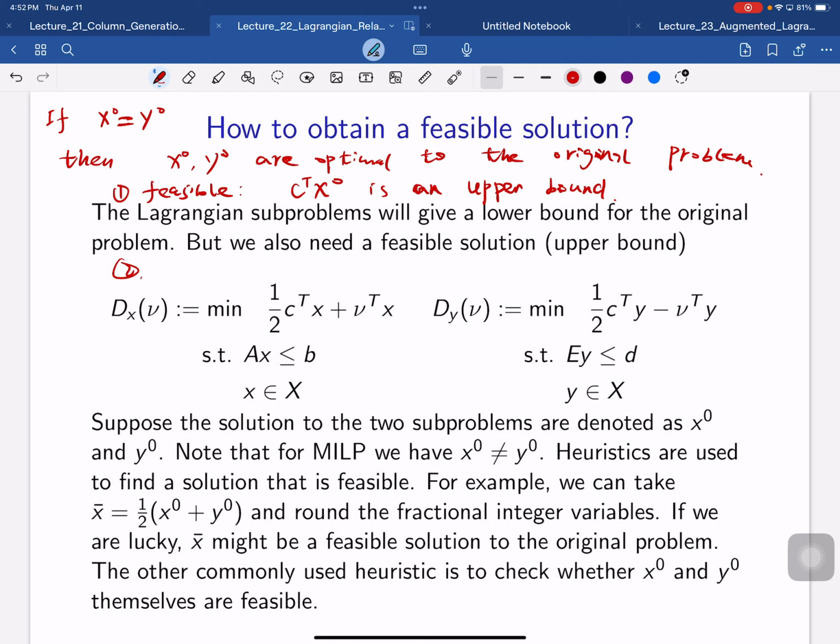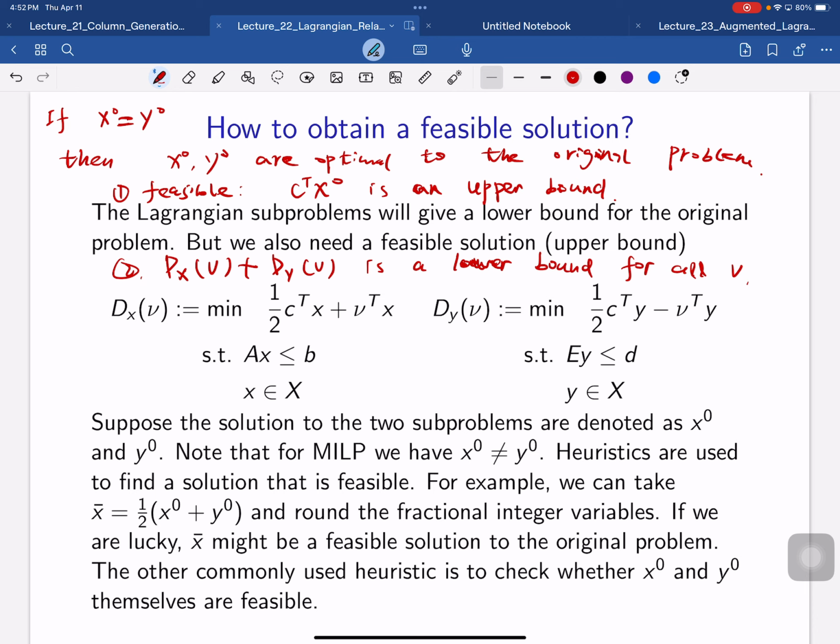So we already know that d_x(mu) plus d_y(mu) is a lower bound for any Lagrangian multipliers. This is what we have been talking about many times, right?